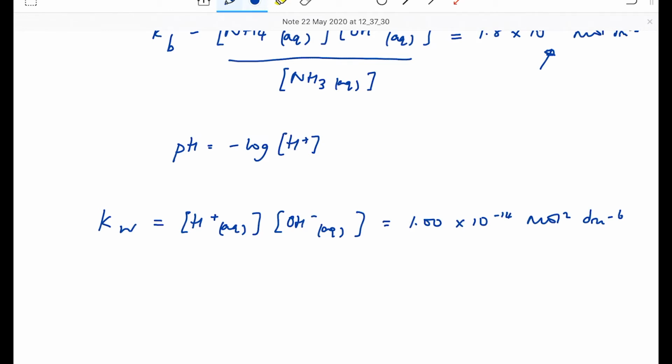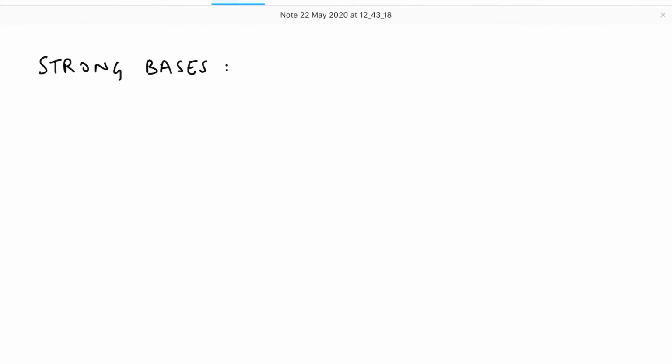So finding the pH of a base, whether it's a strong base or a weak base, requires a couple of extra steps. We first have to find the hydroxide ion concentration, and then we can use this expression here to find the hydrogen ion concentration, and from there we can find the pH. So let's start by looking at the situation for a strong base. A good example is good old sodium hydroxide.